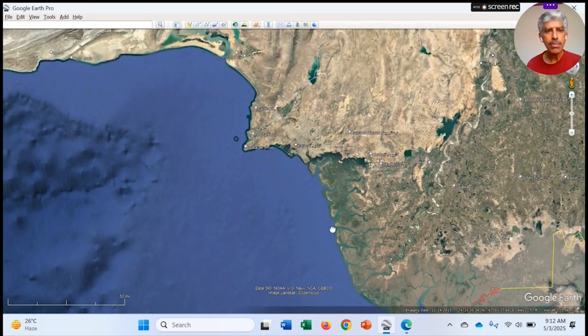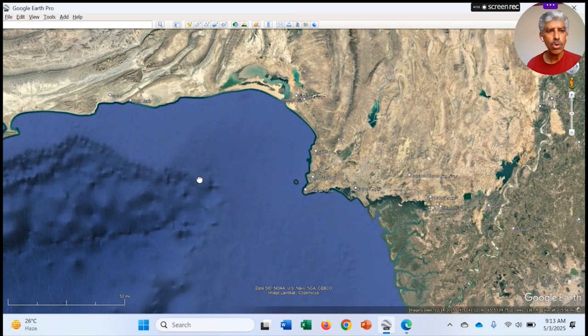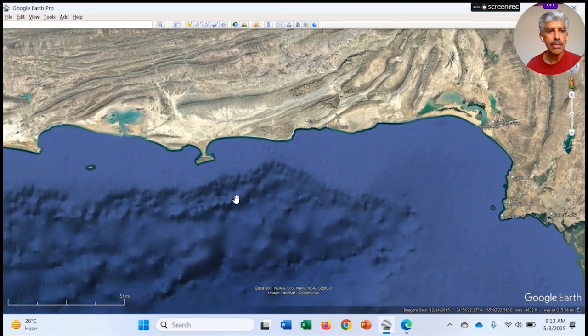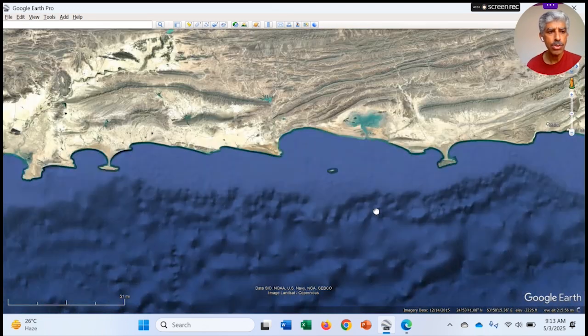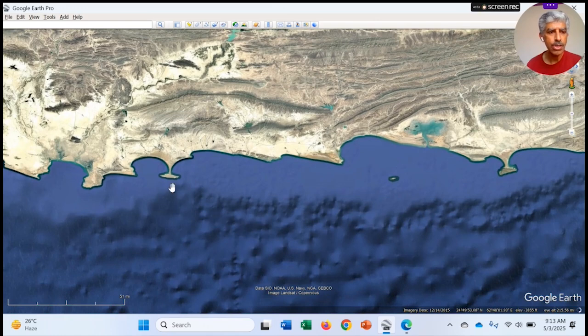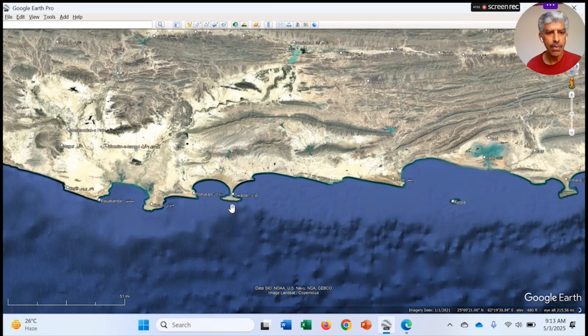Okay, now talking about the importance of this area, and if I show you the Gwadar region over here, we have Gwadar.